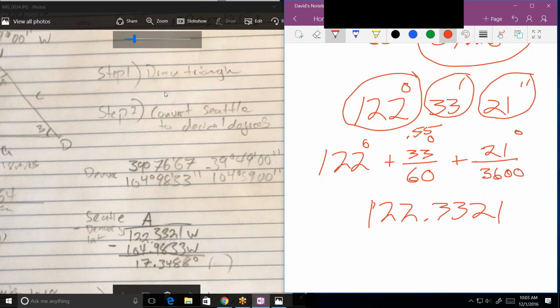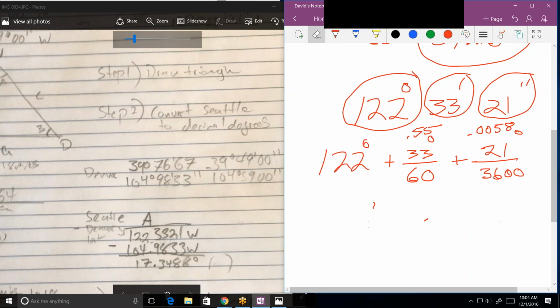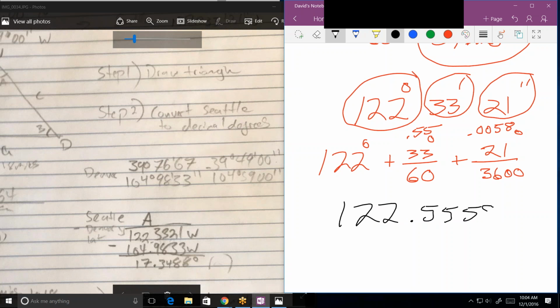21 divided by 3,600 is 0.0058. Now if I add these three numbers together, I get 122.5558.